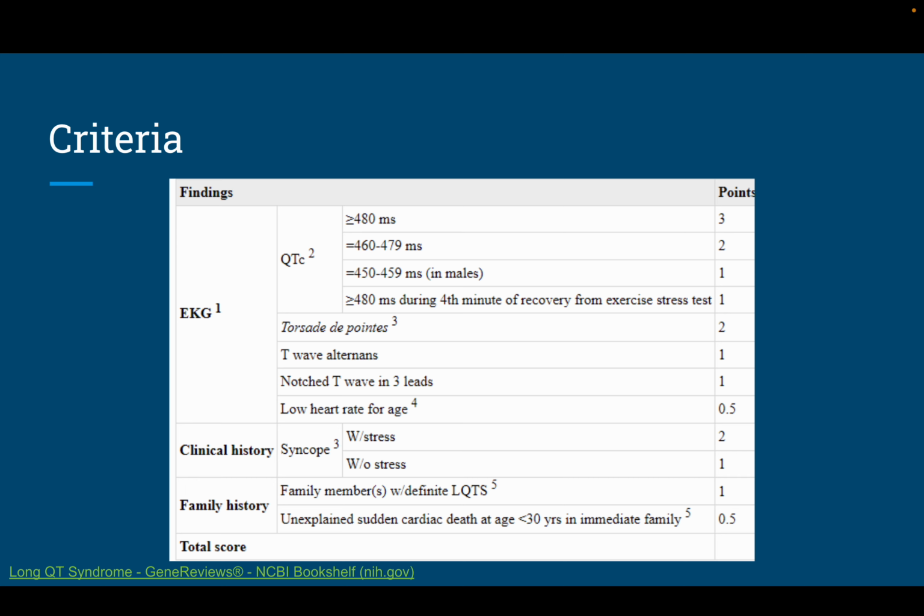And if you have an unexplained sudden cardiac death at the age of less than 30 in your immediate family, you get half a point. We'll have some statistics that show how prolonged QT syndrome is actually a diagnosis in a lot of people who have sudden cardiac arrest at a very young age.